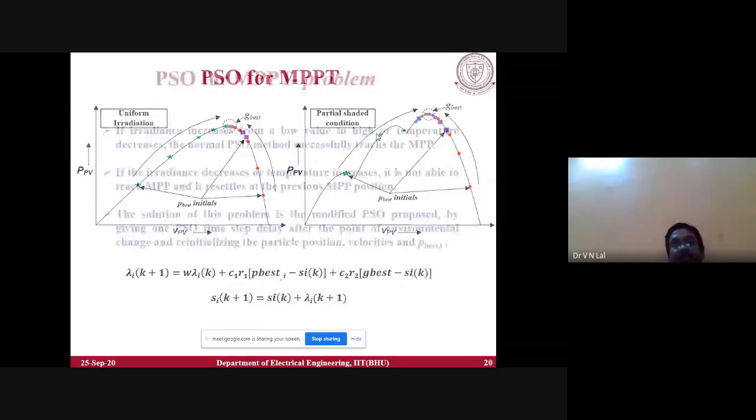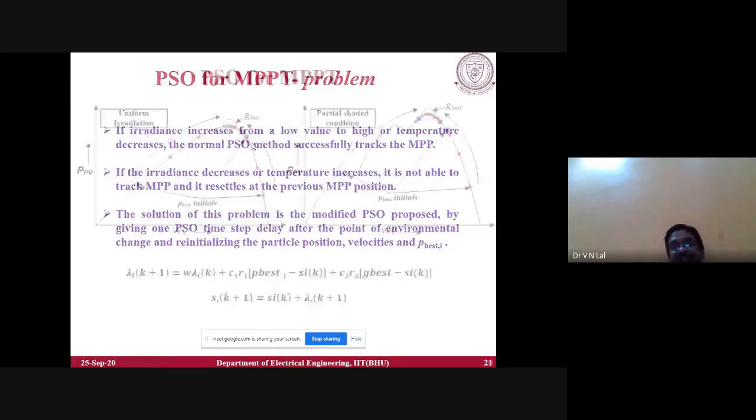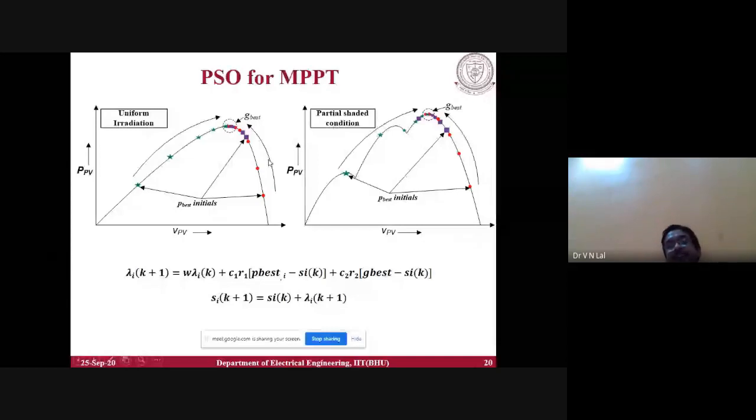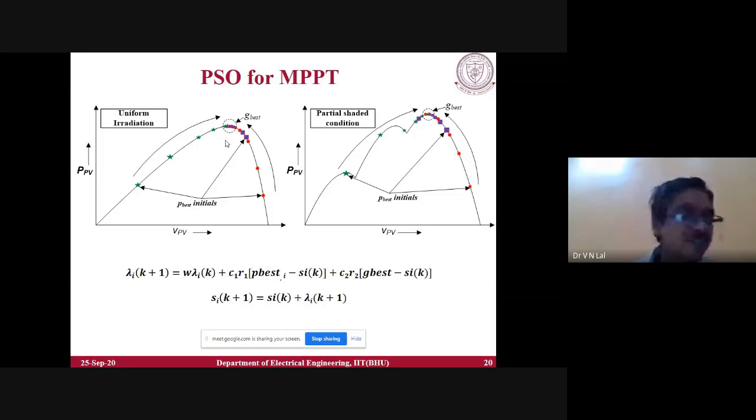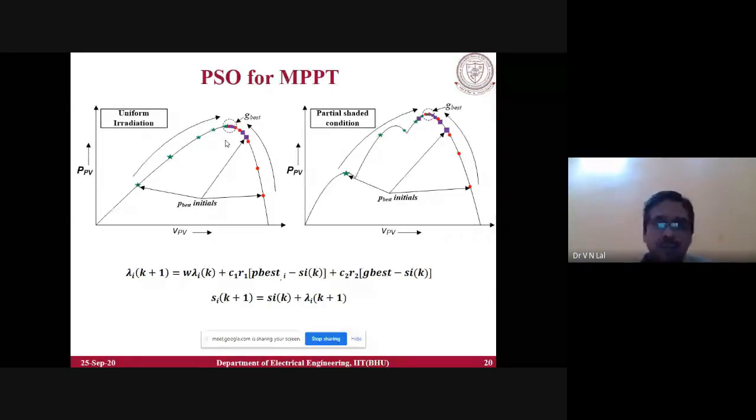Okay, so it looks very simple that we used PSO, and simply we have the solution. Very simple solution. There is no problem at all. But it's not actually true. There will be some small or large problem if we have some solution.